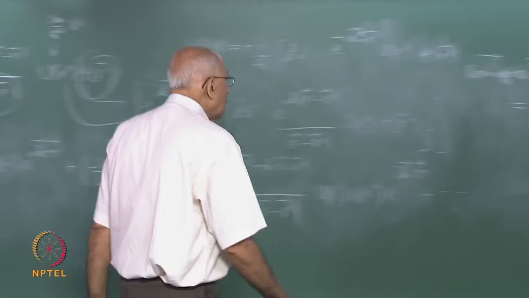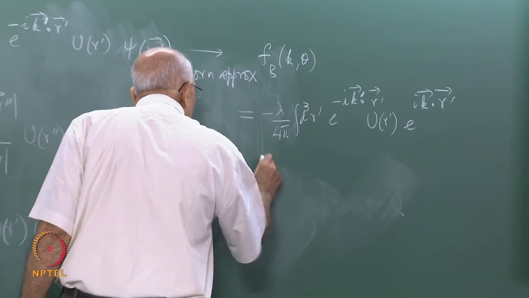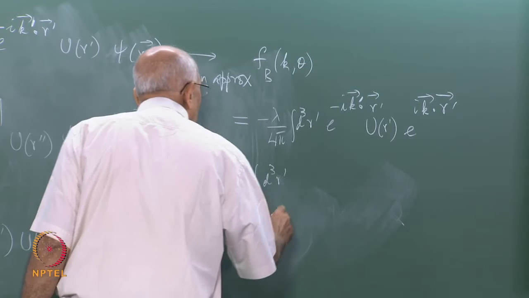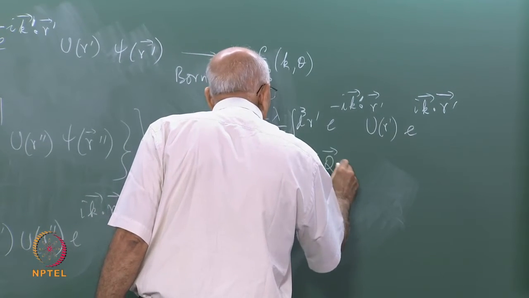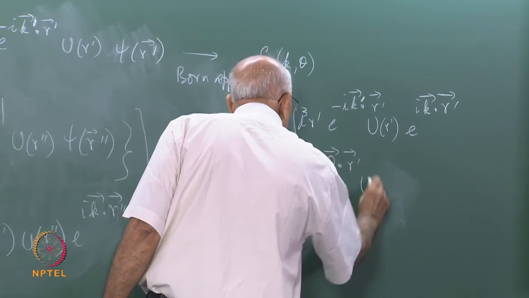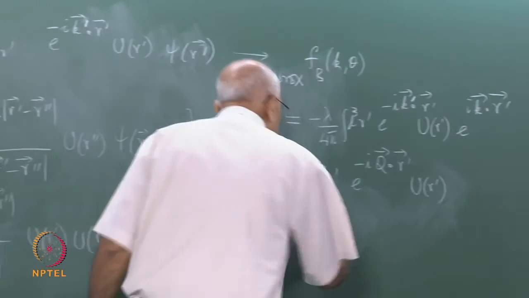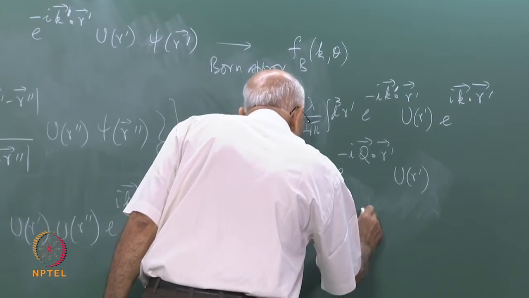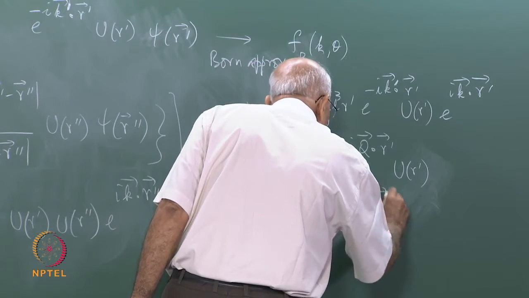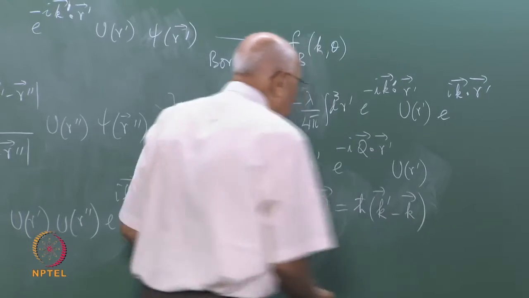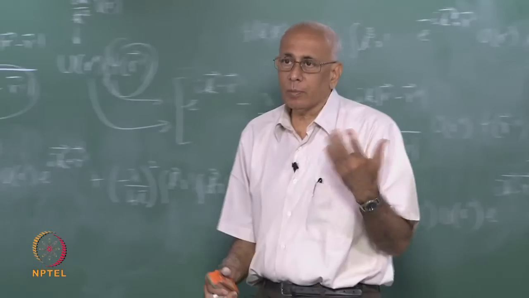But you see, you can rewrite this also as minus lambda over 4 pi integral d3 r prime e to the minus i q dot r prime u of r prime, where q is the momentum transfer. h cross q is h cross k prime minus k. This is the final momentum and that is the initial momentum, and the difference is the momentum transferred.